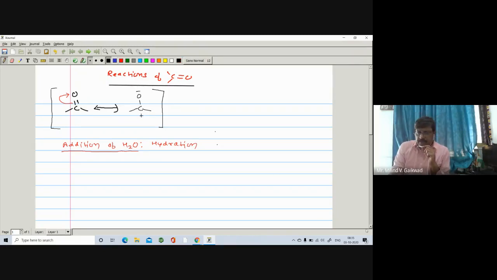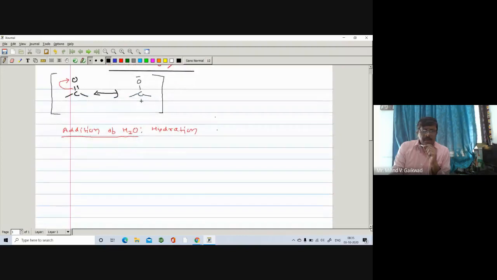In general, we'll take an example. Suppose you have such a carbon compound, C double bond O. It reacts with water, HOH. The reaction takes place in the presence of acid, H plus. So the pi bond opens onto the oxygen, O negative, C positive.